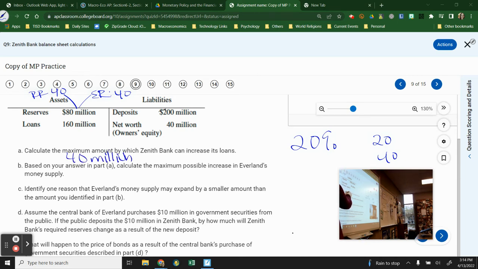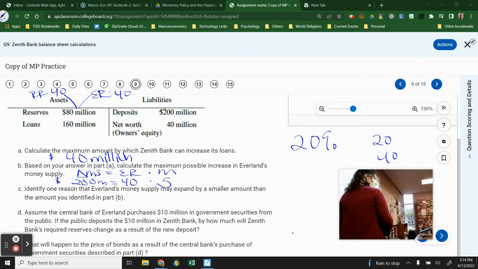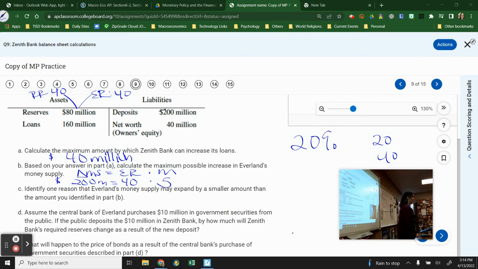I just got confused. Okay, what's the equation for money supply? Money supply equals excess reserves times the multiplier. What is the multiplier if the RR is 20%? 5. 5 times what? 40. So $200 million. Isn't that already the money supply though?